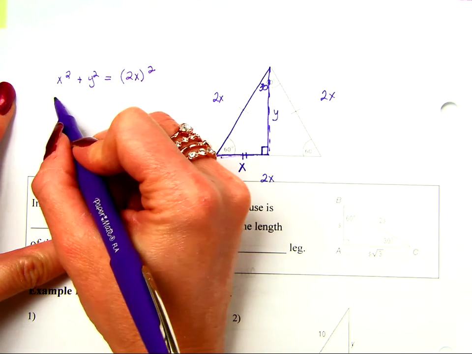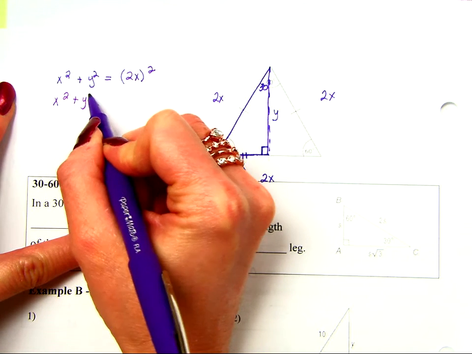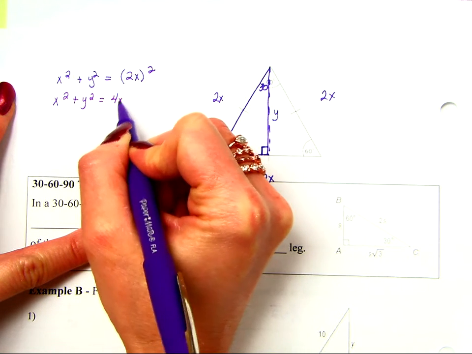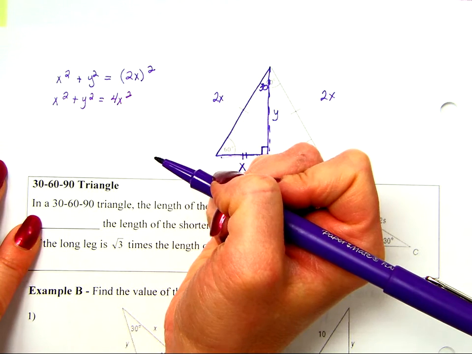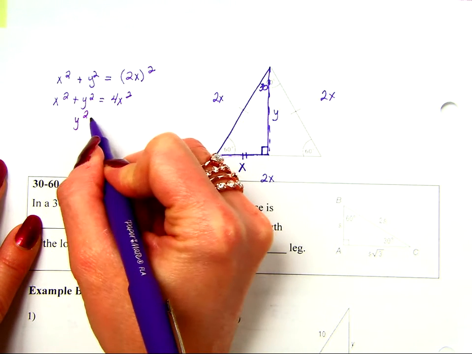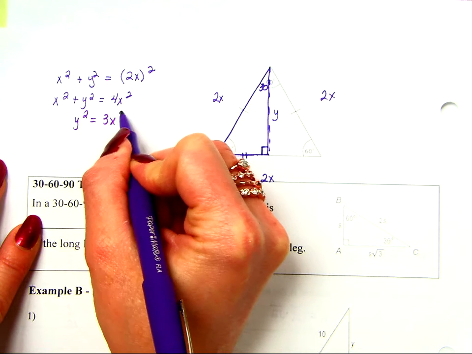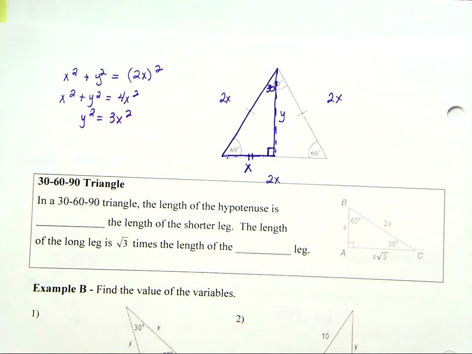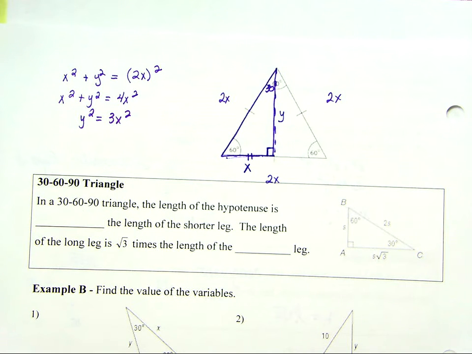I could simplify a little bit. X squared plus y squared would equal 4x squared. And if I wanted to get my x squareds on one side and I subtracted it over, we'd actually end up with y squared equal to 3x squared. One more little simplification.